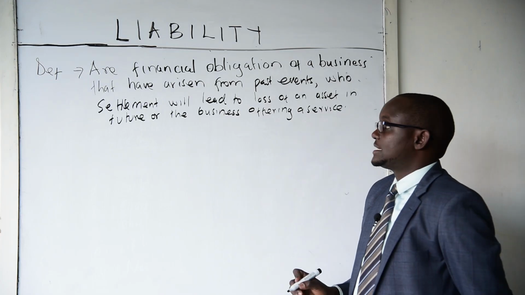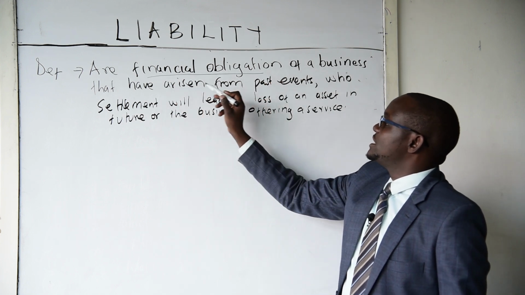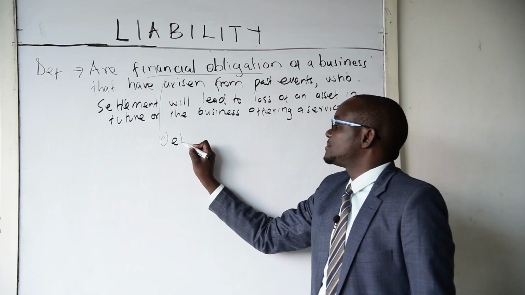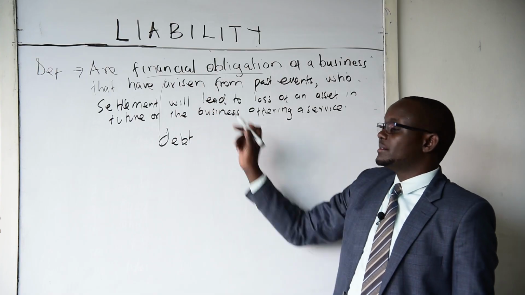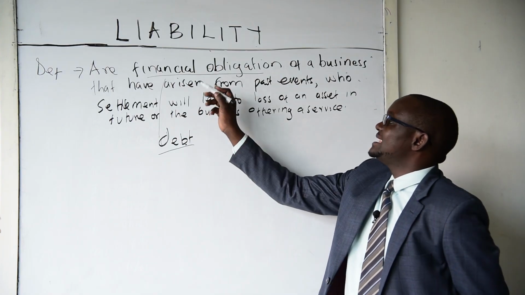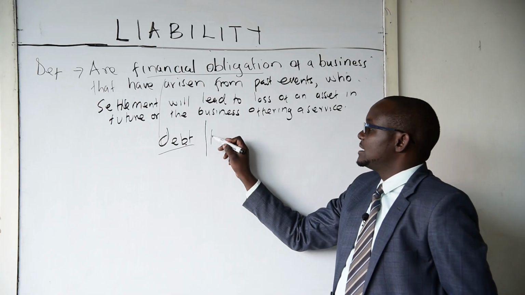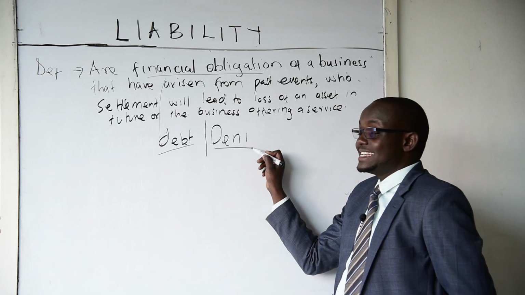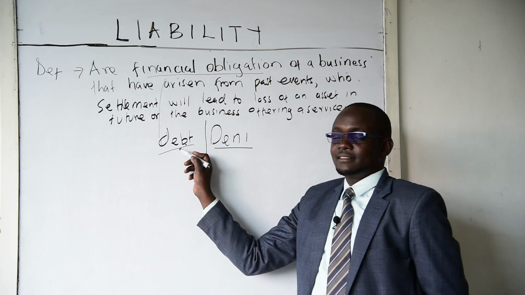So what we mean is that liabilities are financial obligations in the sense that these are actually debts. Anything you can call a debt is a liability. In Swahili, we say liabilities ni deni. So in other words, they are debts.